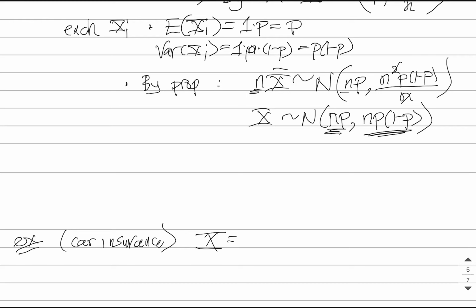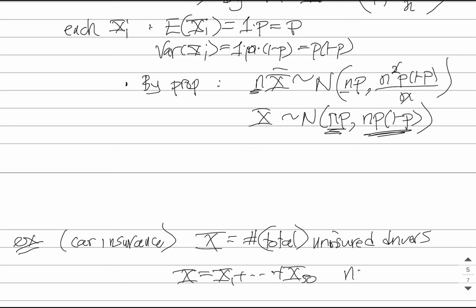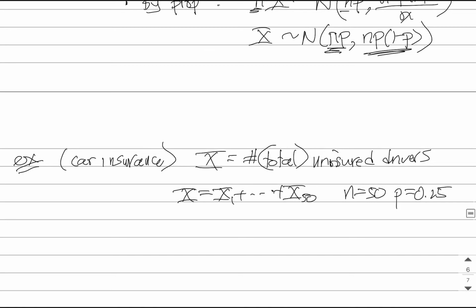So x is going to be x1 plus all the way down to x50. n will be 50. p will be 0.25. Success in this particular example means uninsured. Now, we know this is a binomial distribution. If we've got a random sample of people, we're going to assume that they're all independent.